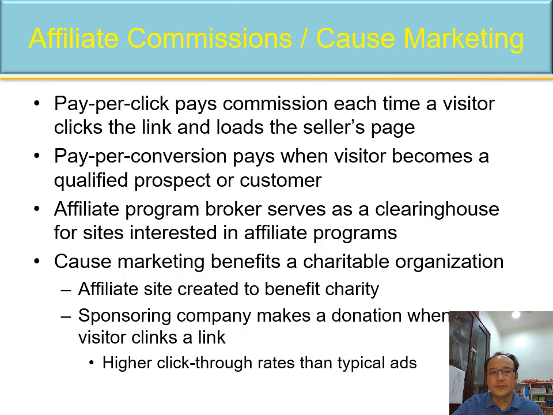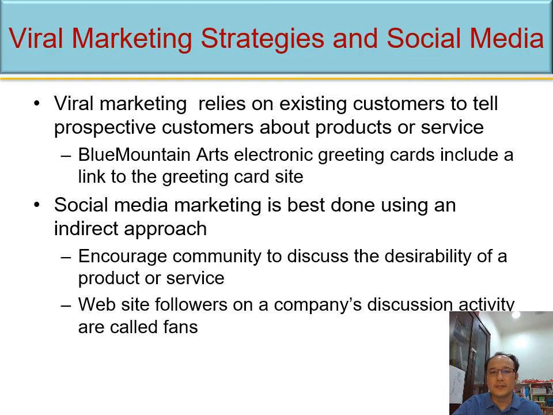So others are okay. We try to understand other marketing concepts as well. Viral marketing is to spread good things from customer to customer in terms of products or service. So encourage the community to discuss the desirability of a product. Also website followers. That's why e-commerce companies or Facebook always encourage you to like, to share.